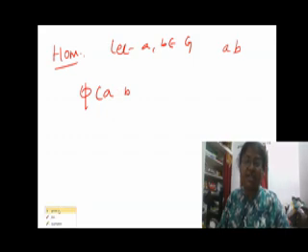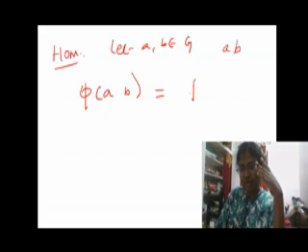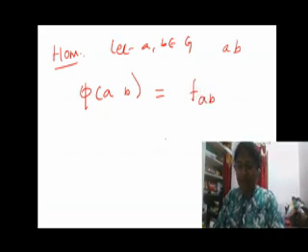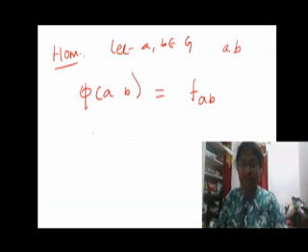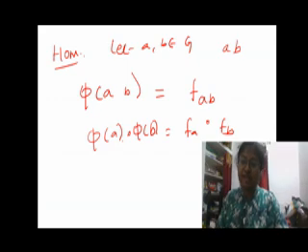And in G dash, it is composition, because we have proved G dash is a group under composition only. So phi of AB, according to the definition, is FAB. Then we find phi of A dot phi of B. This is FA composition FB, because phi of A is a permutation and phi of B is a permutation.